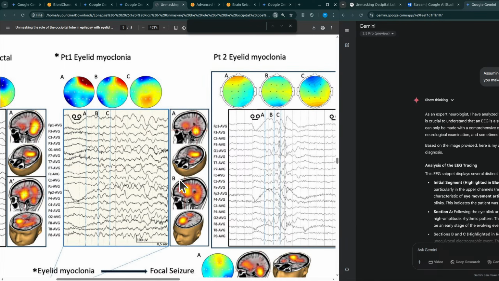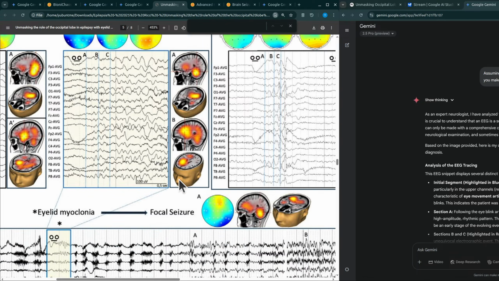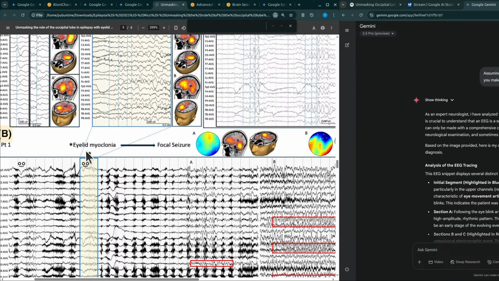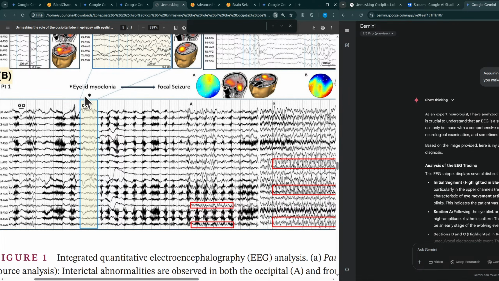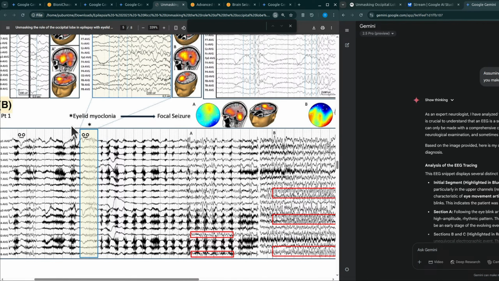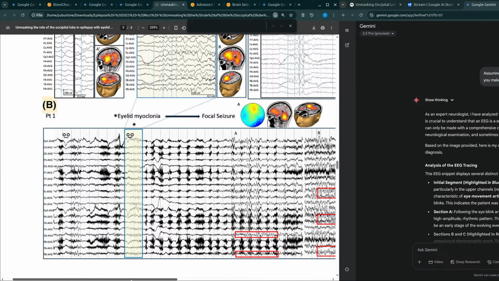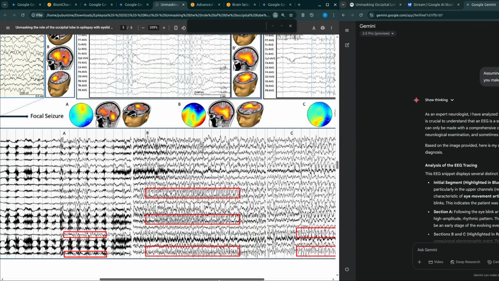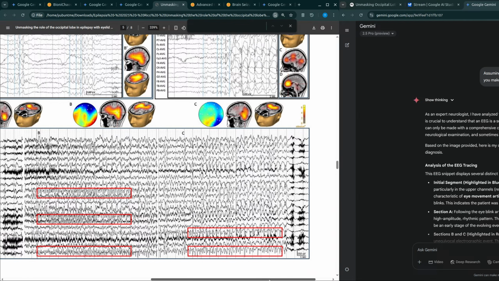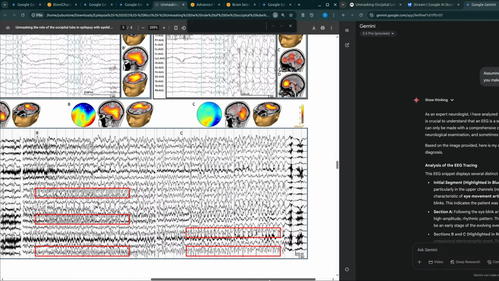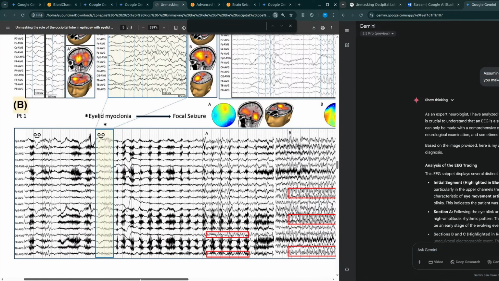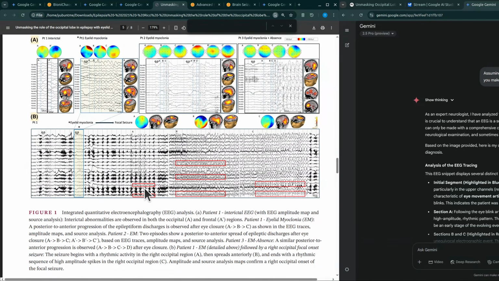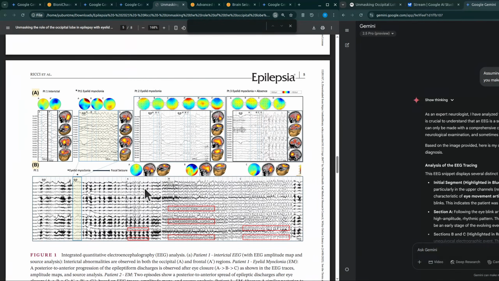It absolutely did. This objective data reinforced the visual findings. The quantitative analysis supported the idea that the occipital, or at least the posterior region, was heavily involved. It often seemed to be the starting point, or at least showed the highest level of activity related to those eye closure events and the generalized discharges in most patients. I think it was 86% showed evidence of posterior onset or prevalence in the amplitude maps. And the source analysis specifically pointed to a predominant occipital representation for the generalized spikes they saw.